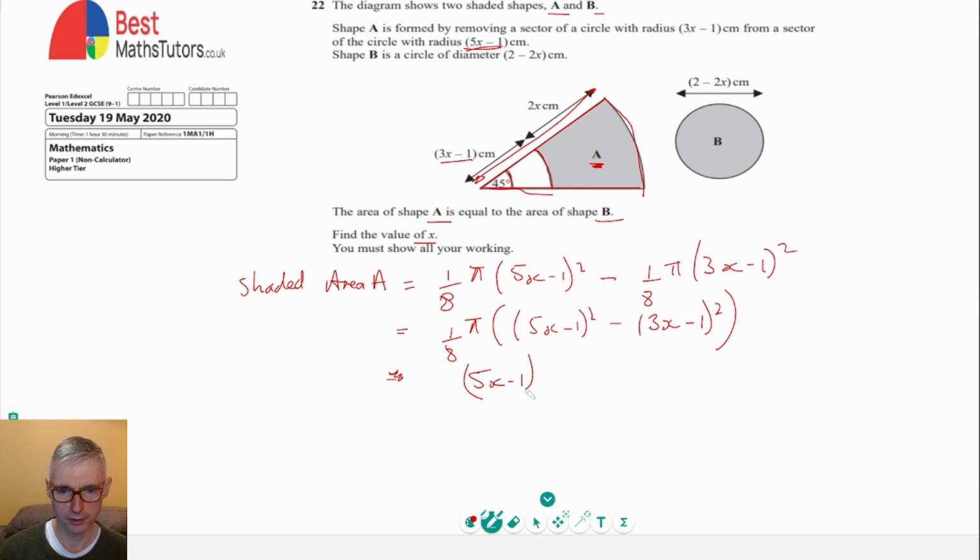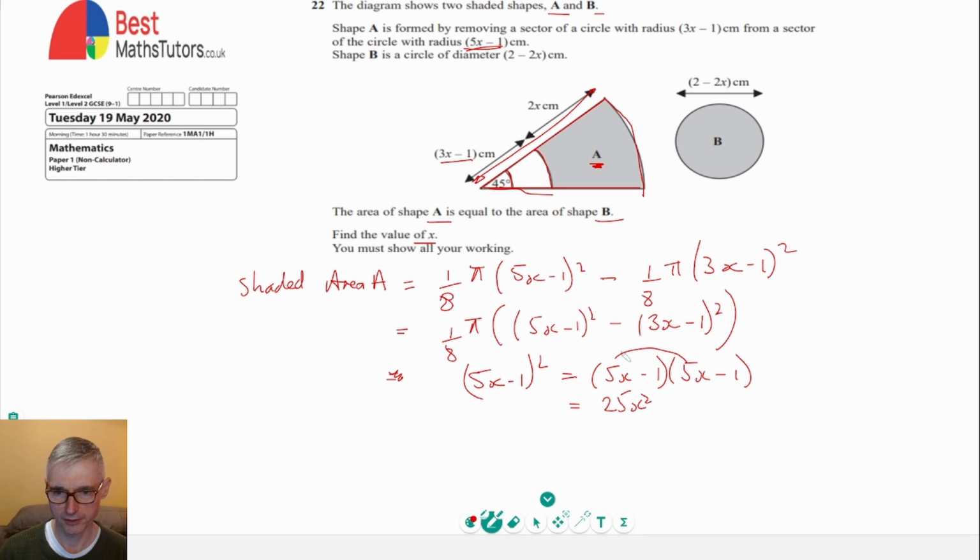So the 5x minus 1 squared is actually double brackets. So it's 5x minus 1 times by 5x minus 1. And because this is one of the higher level questions, I'm just going to assume we can do this reasonably easily. So 5x times 5x is going to be 25x squared.